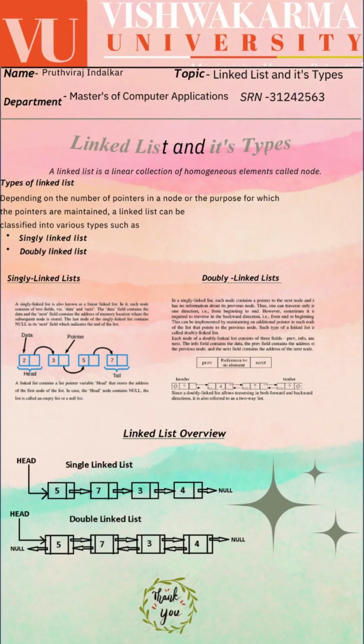In a circular linked list, the last node points back to the first node instead of pointing to null. It can be singly circular or doubly circular depending on whether it's a singly or doubly linked list. Circular lists are useful for applications like round robin scheduling.